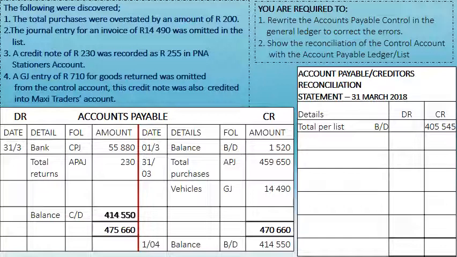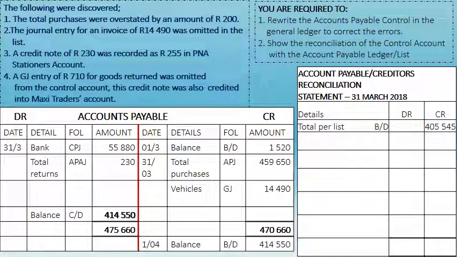Starting with the total purchases, which were overstated by an amount of 200 rand. Total purchases are usually recorded in the general ledger. We will therefore go to the accounts payable control in the general ledger.